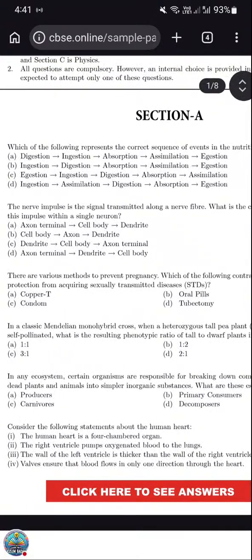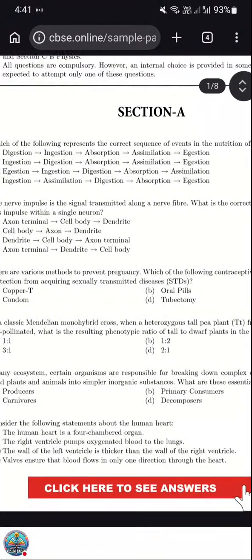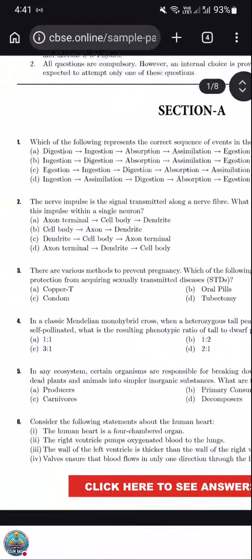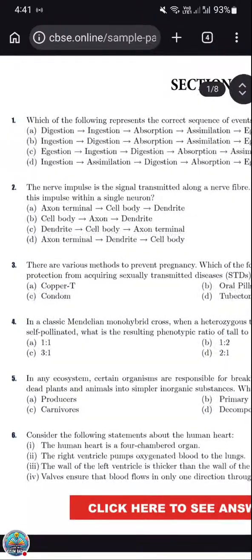Now the second one, the nerve impulse is a signal transmitted along the nerve fiber. What is the correct pathway? Second question. Write down the question number also, it will be easy for me to make corrections.